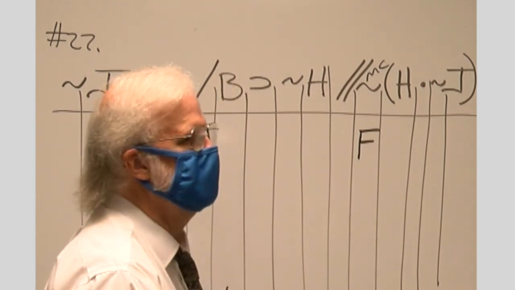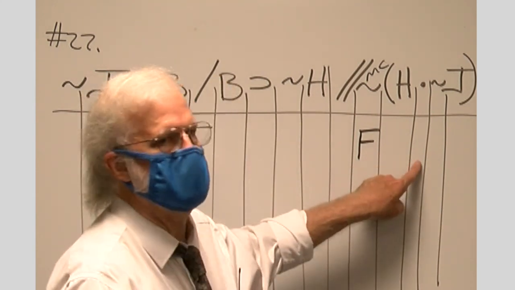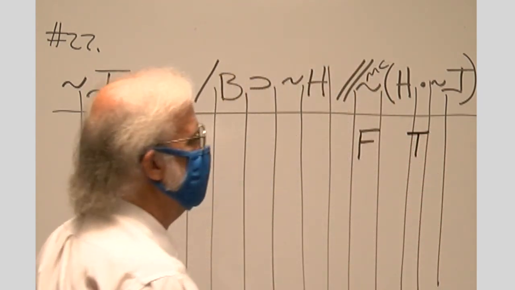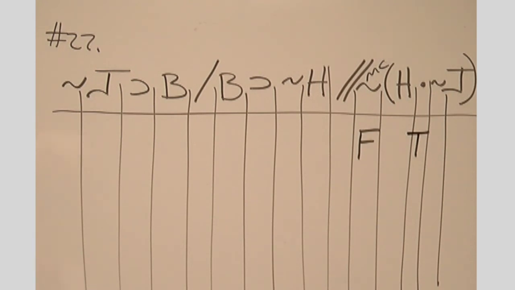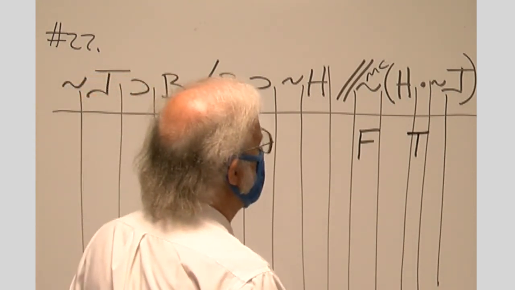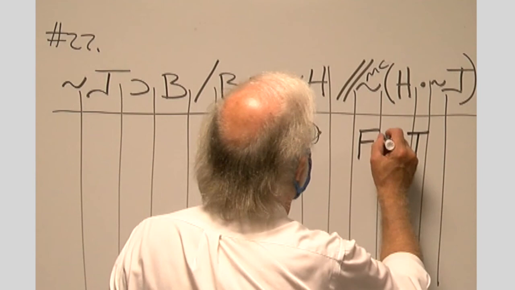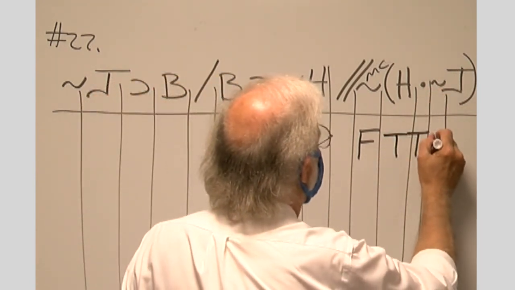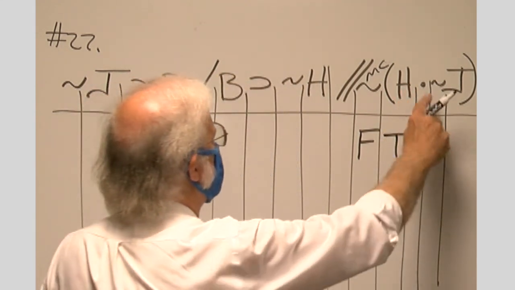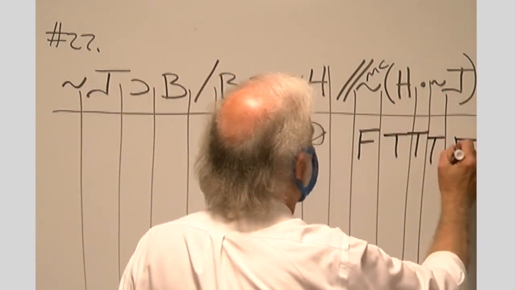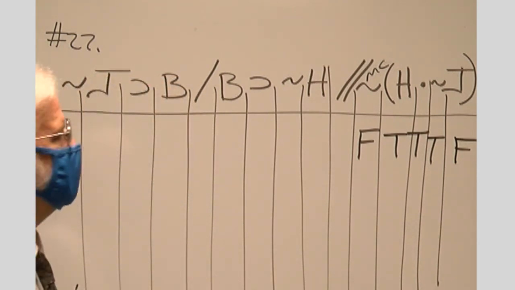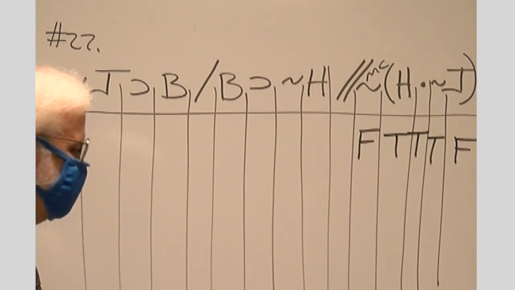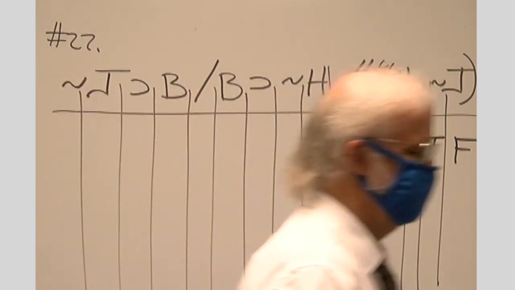So, Sherlock, what does that mean the dot has to be? Right, true. Oh my goodness, now you see it, probably. If that dot is true, what does the H have to be? True. And what does the tilde have to be? True. And if not J is true, J has to be false. There's only one way that the conclusion can be false. Just one way, so we only need one row.